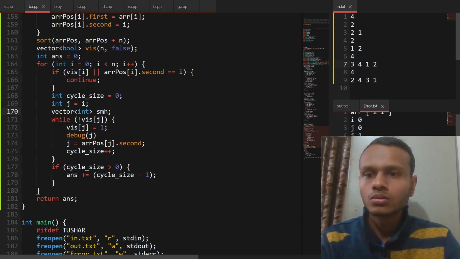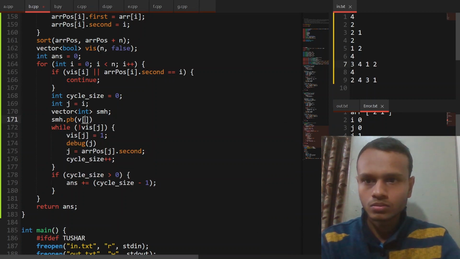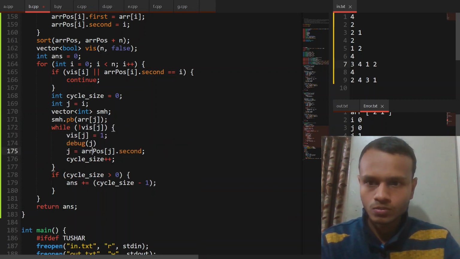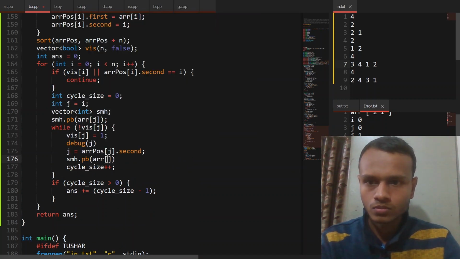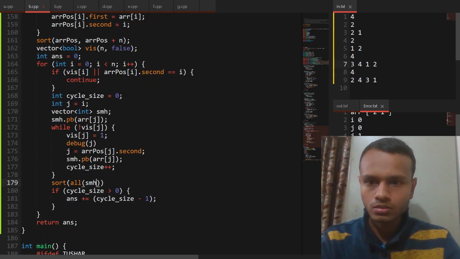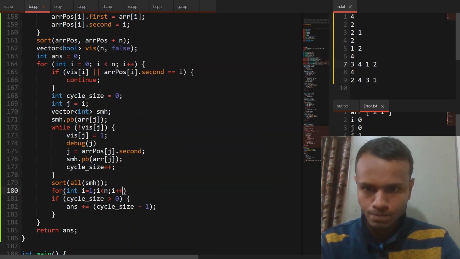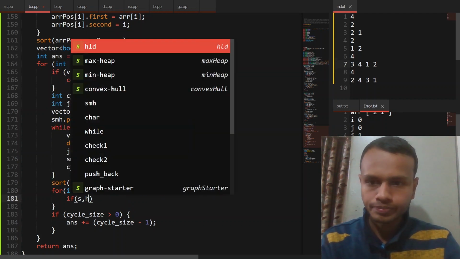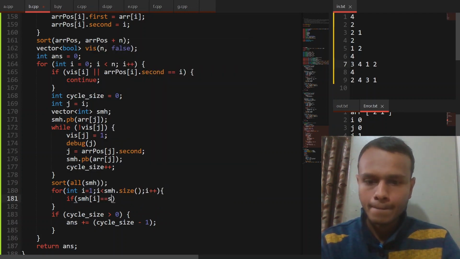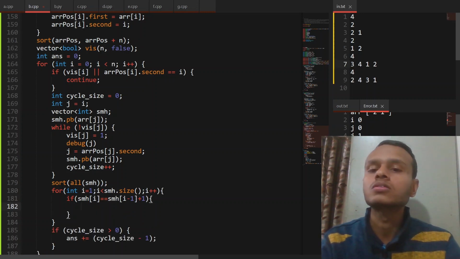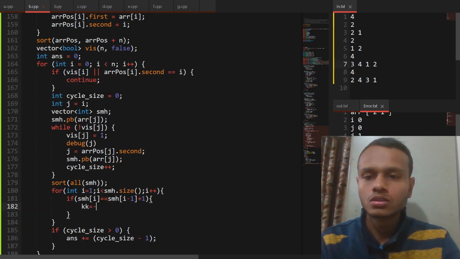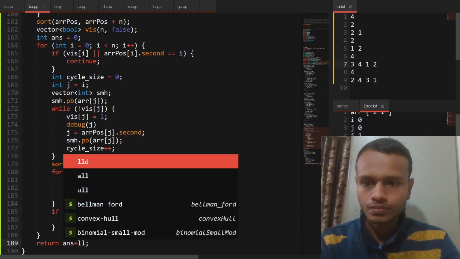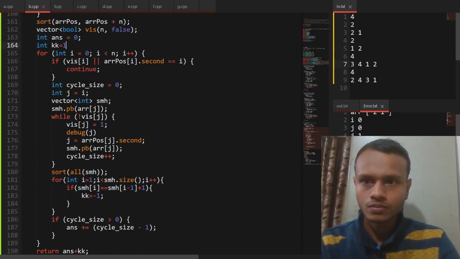SMH. Right, now sort SMH. If SMH of phi is equal to SMH of phi minus 1 plus 1, then kk is equal to minus 1.